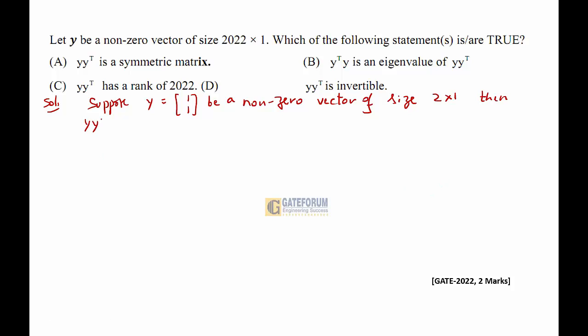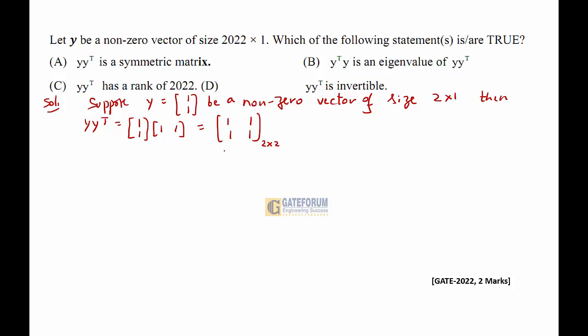Y into Y transpose. The transpose of a column vector is a row vector. So [1, 1] multiplied by the row vector [1, 1]. Using matrix multiplication, you will get 1, 1, 1, 1: first row into first column, first row into second column, second row into first column, second row into second column. All are equal here, which is a 2 cross 2 matrix. And this is a symmetric matrix.